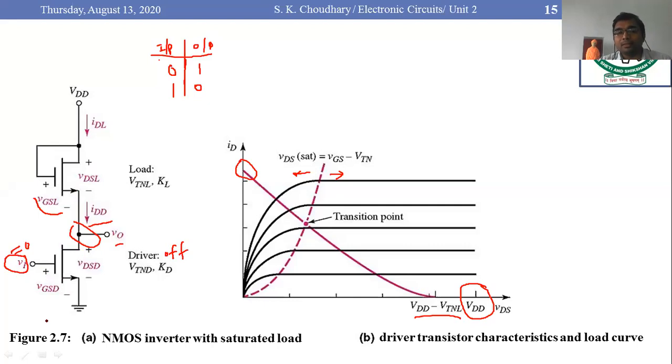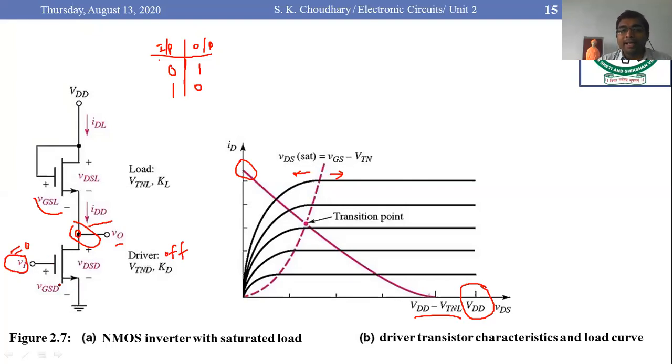Then what happens? Whatever current is drawn from the supply through IDL, when it reaches this point, there is no path to flow. So the circuit is not completed. It just acts like an open circuit. So ID also becomes 0.